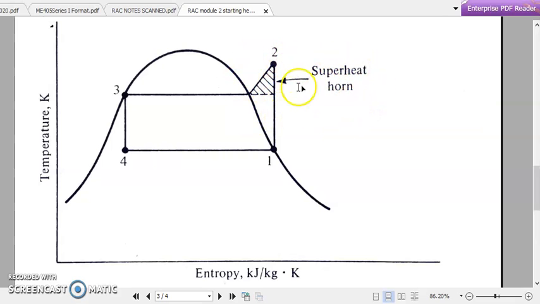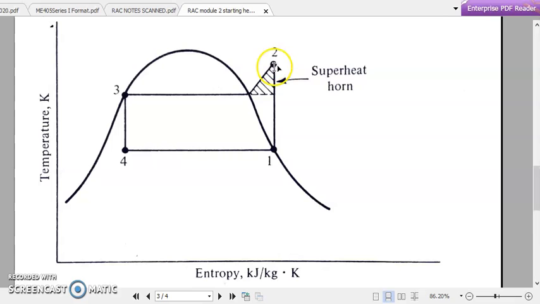It resembles the horn of a wild animal. A superheat horn is the additional energy required by the compressor for compressing the already saturated vapor and transforming it into the superheated vapor state.